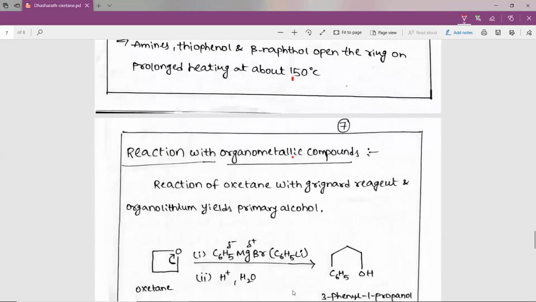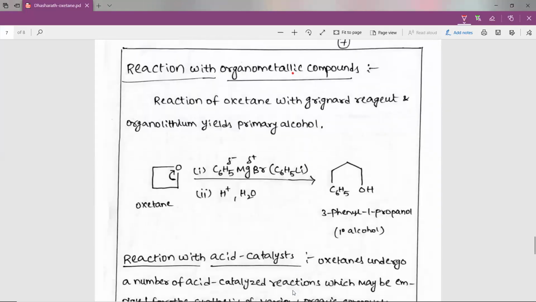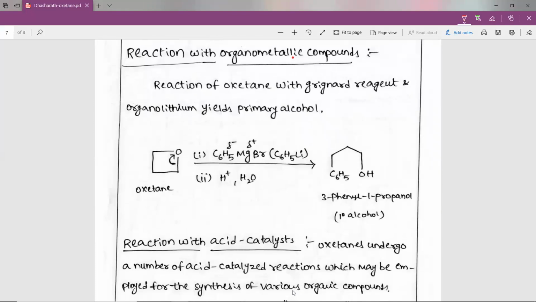Reaction with organometallic compounds. The oxetane ring can be opened with organometallic compounds like Grignard reagents. So oxetane reacts with phenyl magnesium bromide, a Grignard reagent, which after acid hydrolysis gives the corresponding alcohol, 3-phenyl-1-propanol. So this C6H5 will attack as a carbon nucleophile.